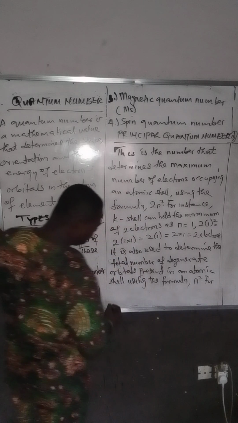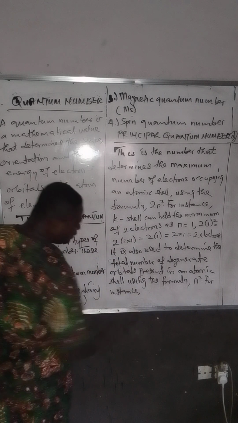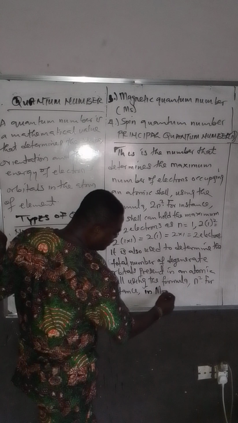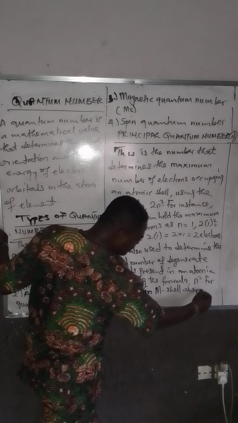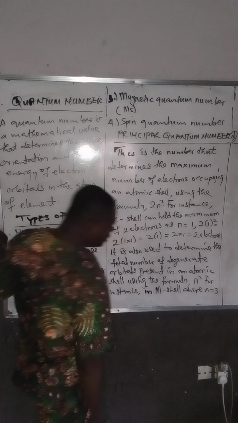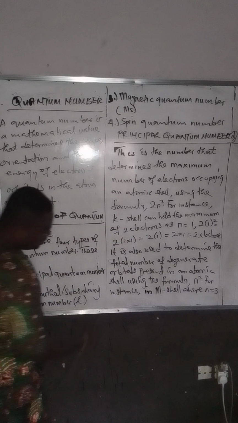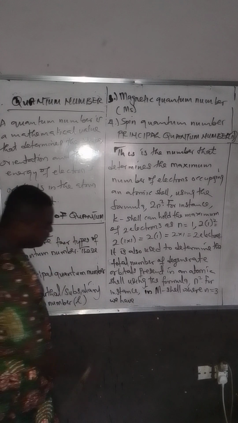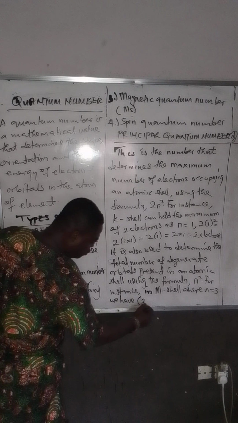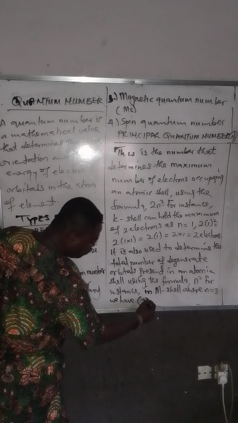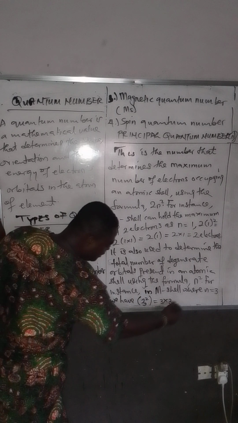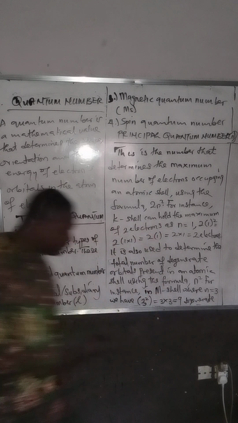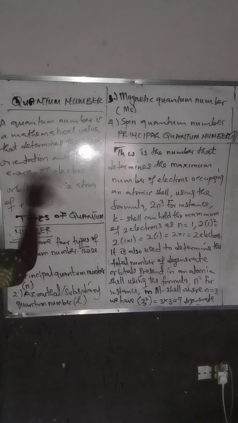For instance, in the M shell, where n equals 3, we have n squared, that's 3 squared, which is equal to 3 times 3, which is 9. We have 9 degenerate orbitals. How?